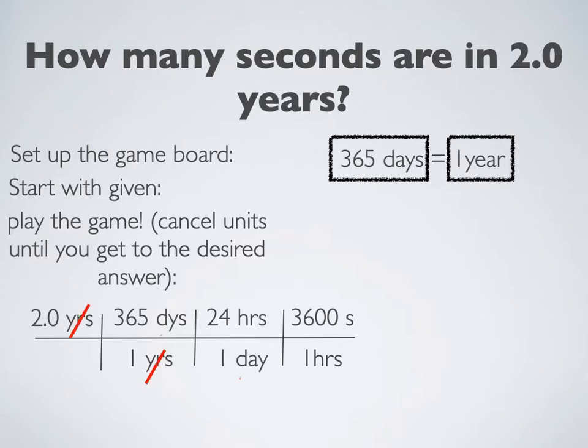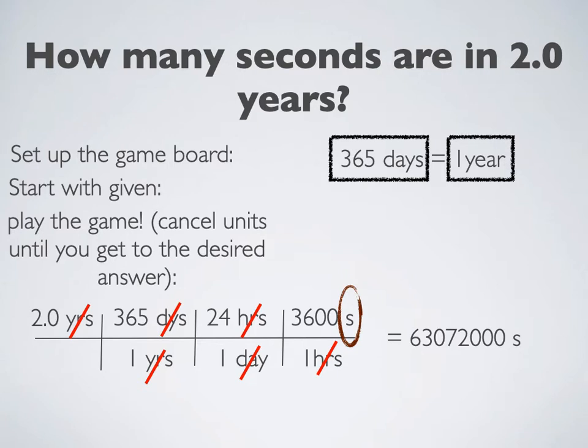Our years cancel, our days cancel, our hours cancel. And lo and behold, we wanted to have an answer in seconds, and there we are with an answer in seconds. Again, if you're considering this to be exactly 2 calendar years, then we could take all of the numbers in this answer. This one's a little trickier.